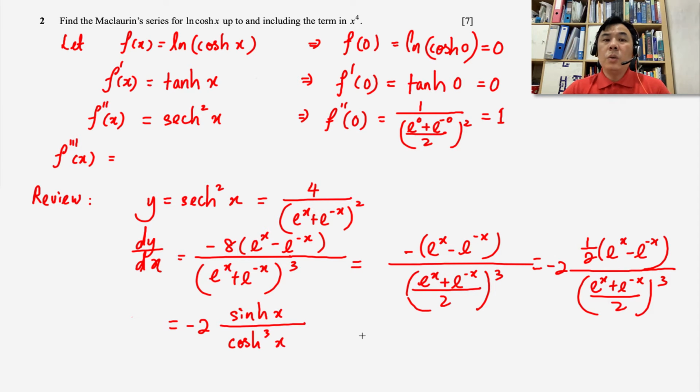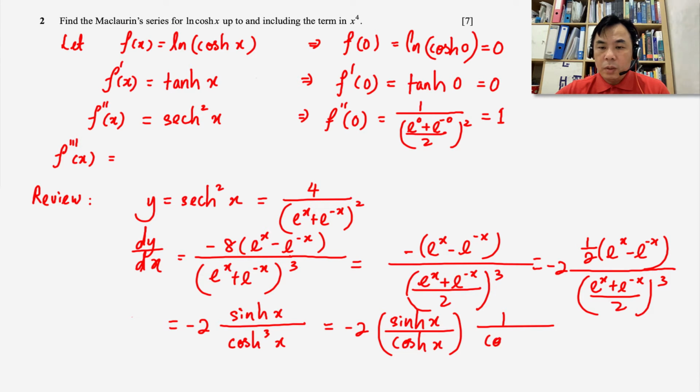You can leave it as it is, or if you like to convert back to secant hyperbolic and sine, or tangent in this case, you can do so. Take for instance, we can rewrite this as sine x over cos, and then after that 1 over cos squared.